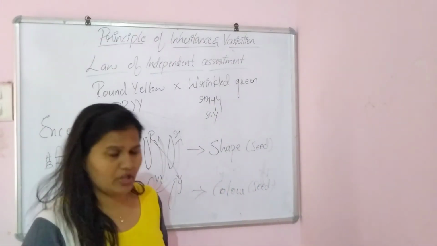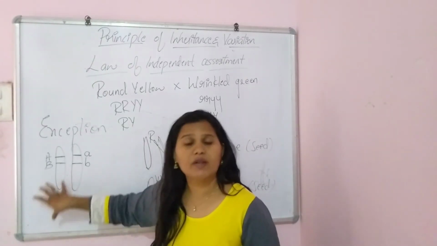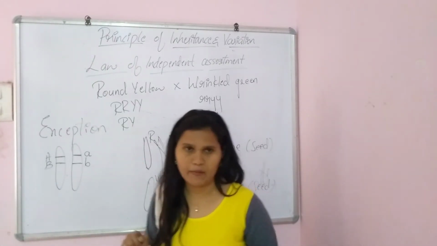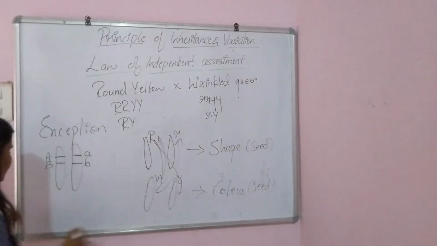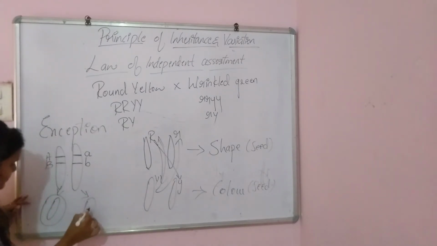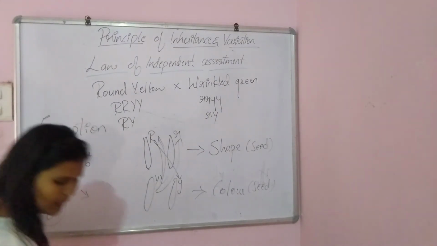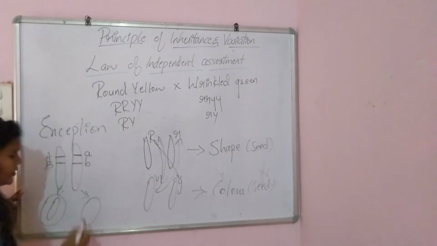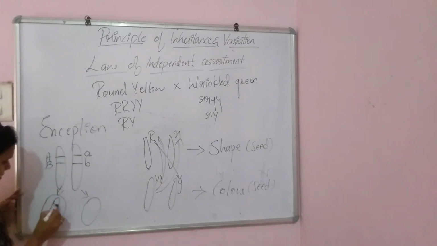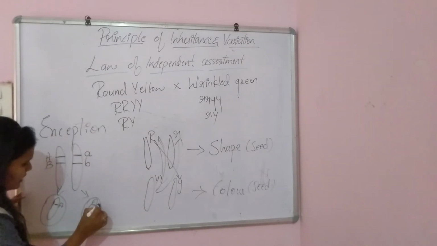During cell division, where the law of segregation comes in, these alleles should get separated. So during that time, this chromosome will get separated like this. During division, the capital A gene will come here, and here this small a will come.